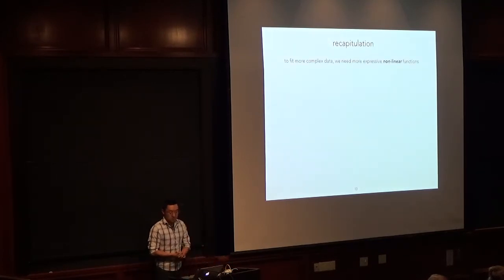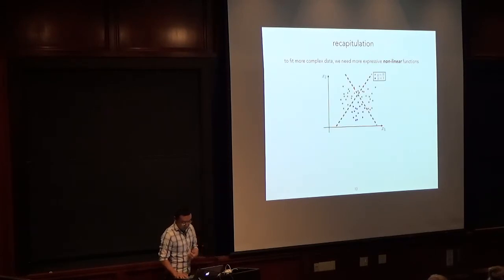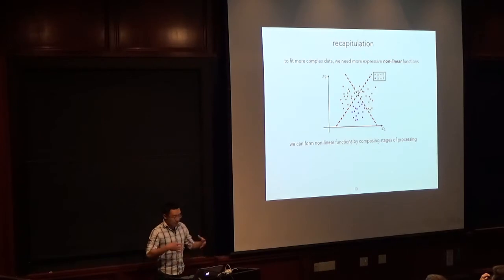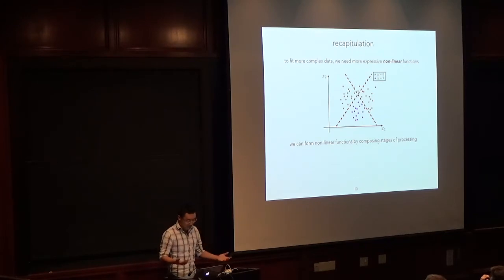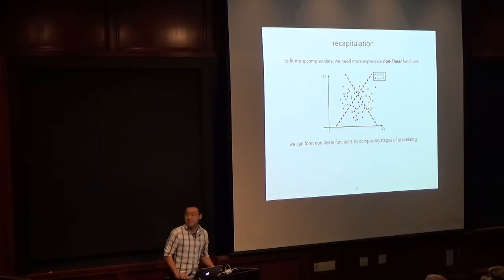Okay, so to fit complicated data, we need to move towards expressive nonlinear functions. We can form these nonlinear functions by doing compositions of linear functions, and this process can be applied recursively, and that is essentially what deep learning is.